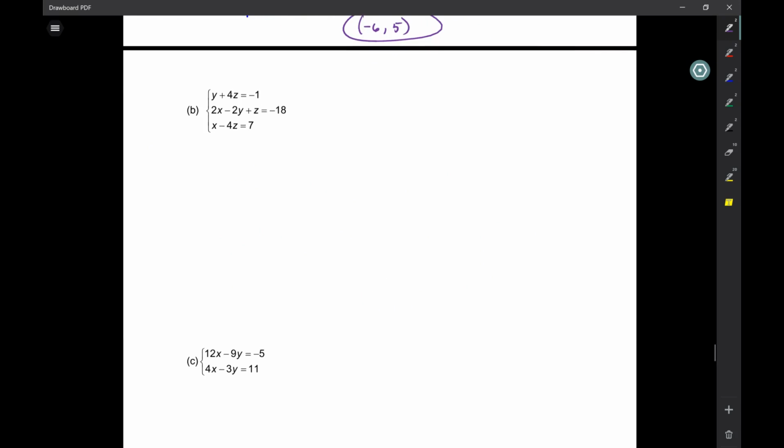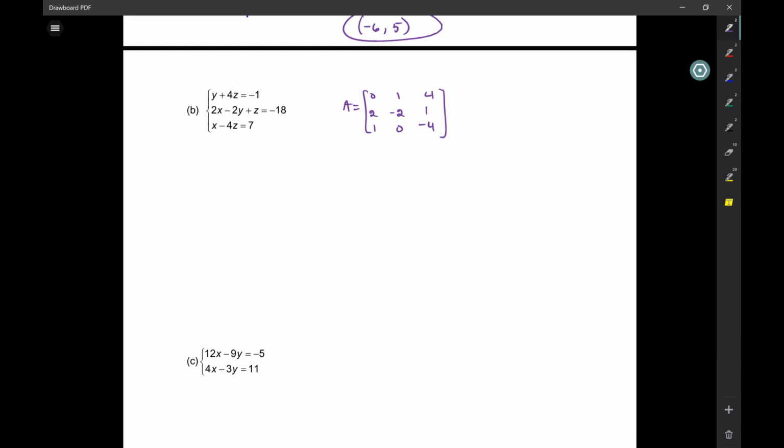Let's do this one by Cramer's rule again. So you have the coefficient matrix. Here x is 0. So it's 0, 1, 4. All right, and then 2, negative 2, 1. 1, 0, negative 4.